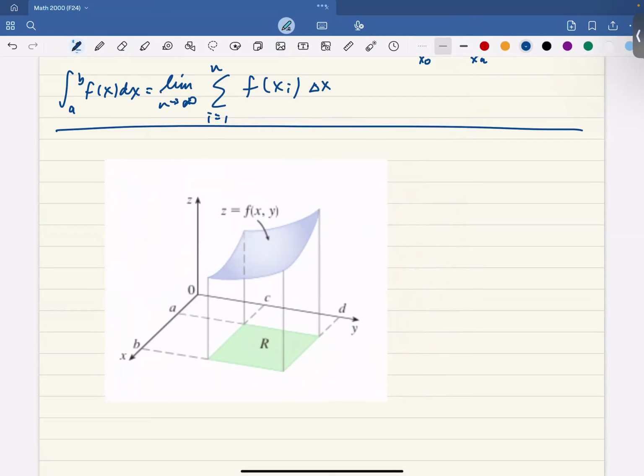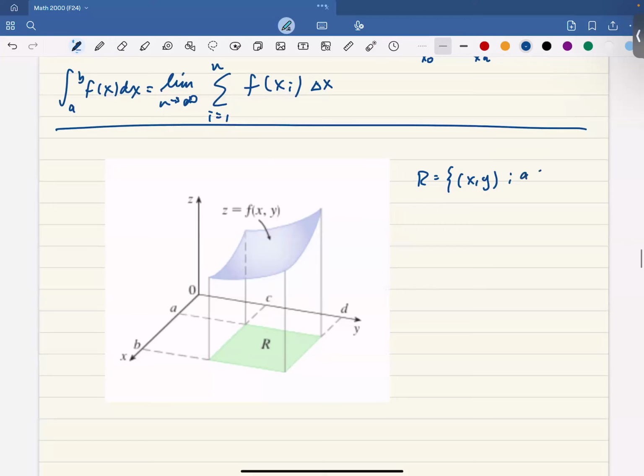We're going to start by integrating over these rectangular regions R. R is going to be the set of all pairs x and y, where x is between a and b, and y is between c and d. Sometimes I like to write this as the interval from a, b cross c, d.